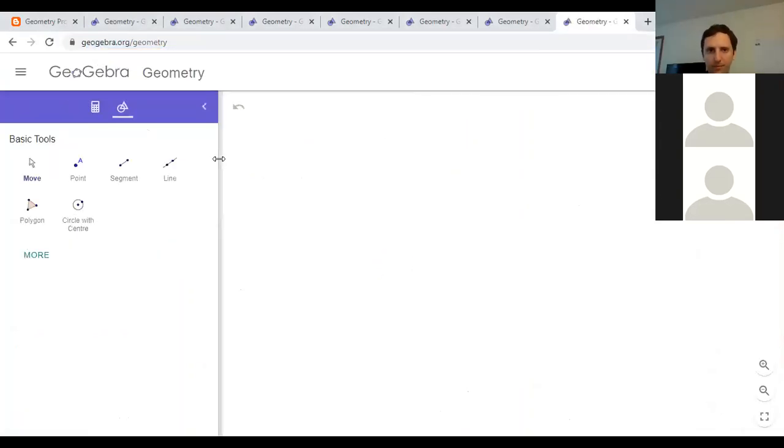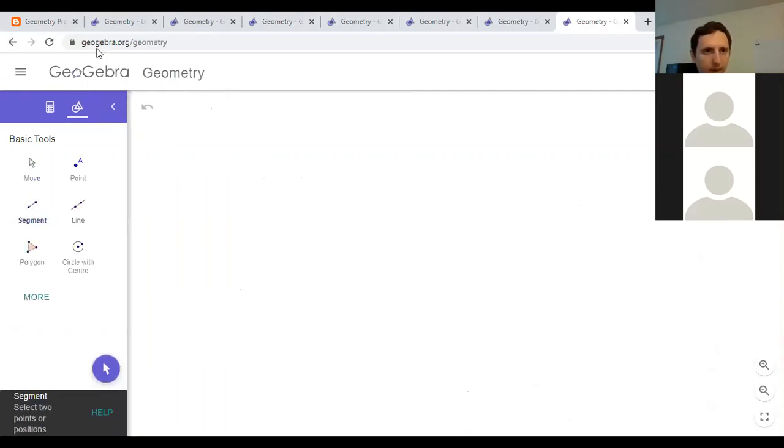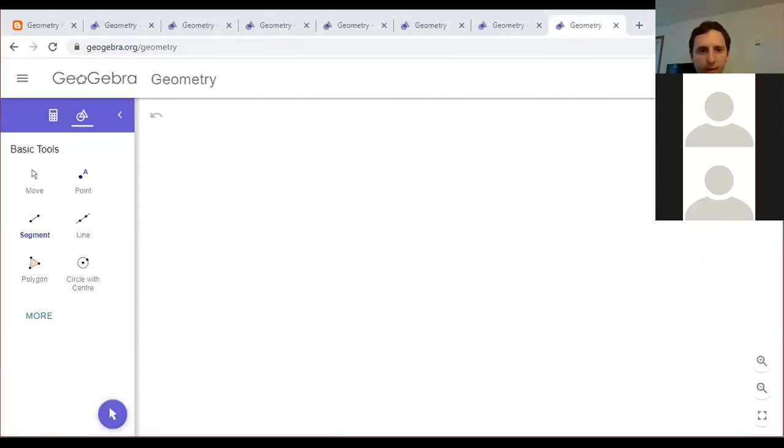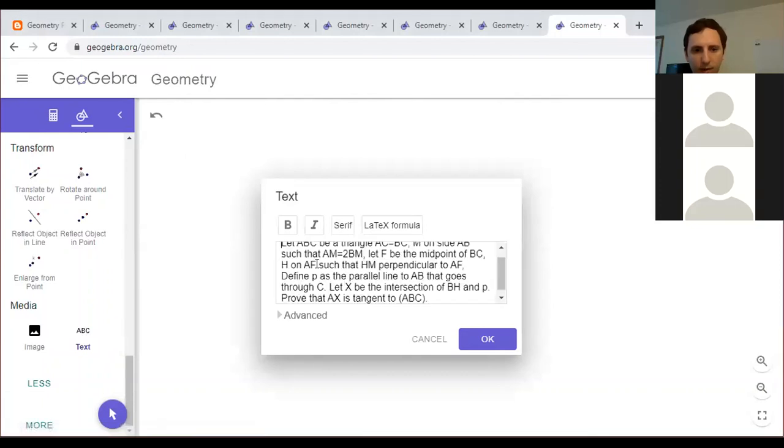So here is his problem. So we have a triangle ABC. Actually, hold on. Let me take it from Discord. So I'm going to paste it in. There we go.